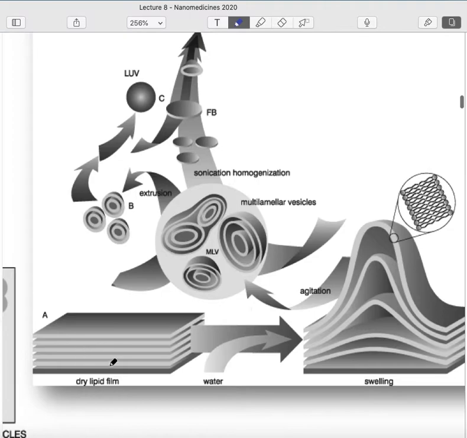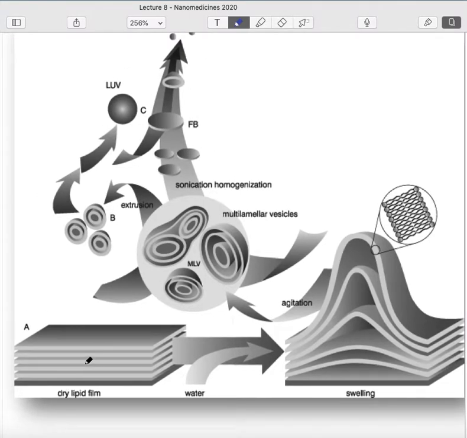So we're starting with the dry lipid film, the dry cake of the lipid. We add water, and what happens is that the lipids start getting hydrated. They start swelling because of the interaction of the phosphate groups with the water, and they kind of start coming apart. They're not going to come apart into individual liposomes right away.